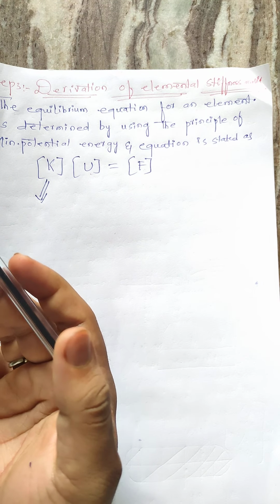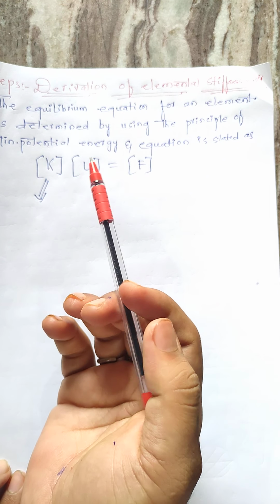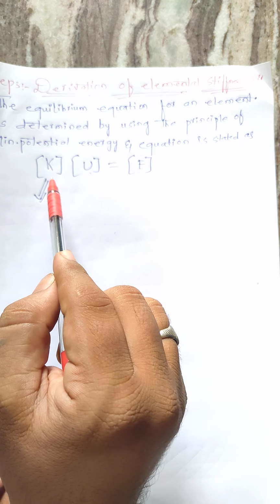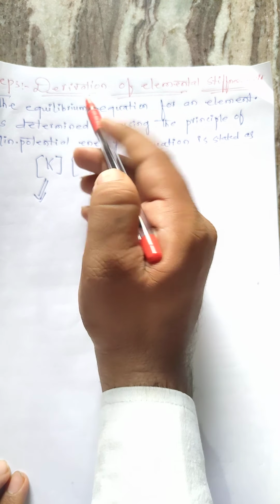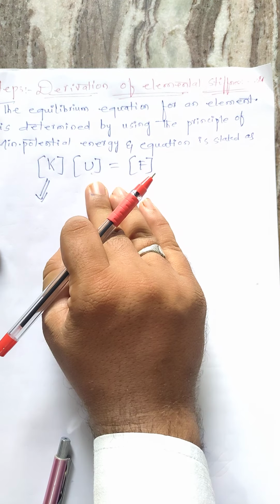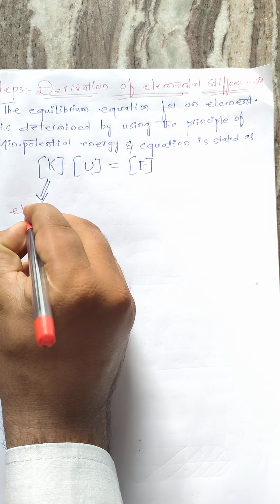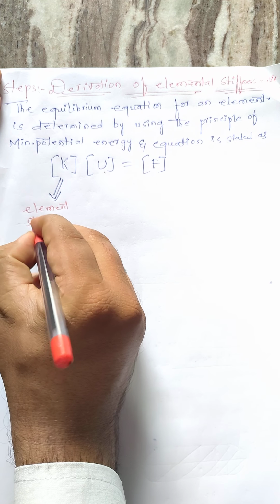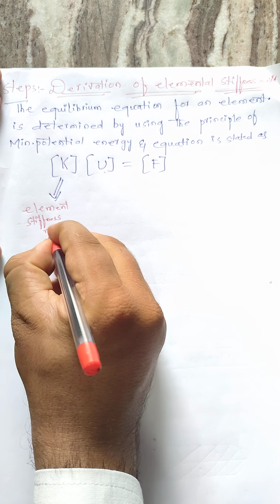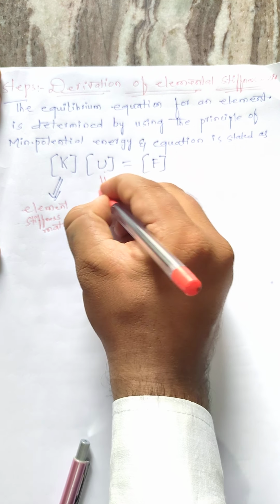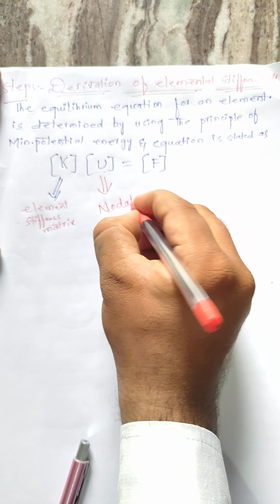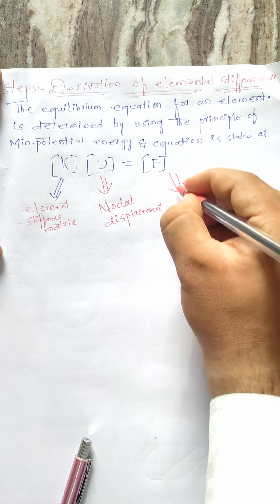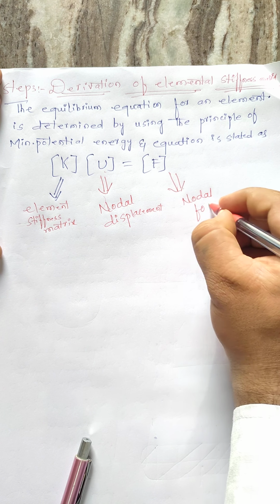So this equilibrium equation for an element is determined by using the principle of minimum potential energy, and this equation is stated in this way: Ku equal to F. So the K represents the element stiffness matrix, U represents the nodal displacement, and F represents the nodal force.